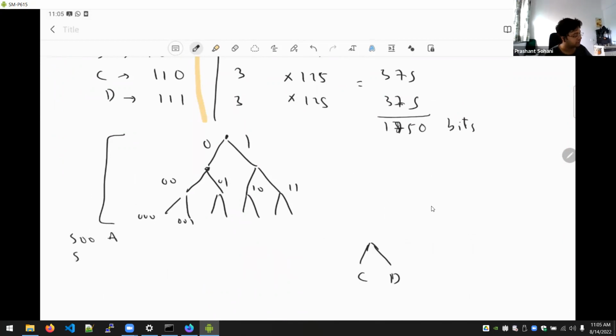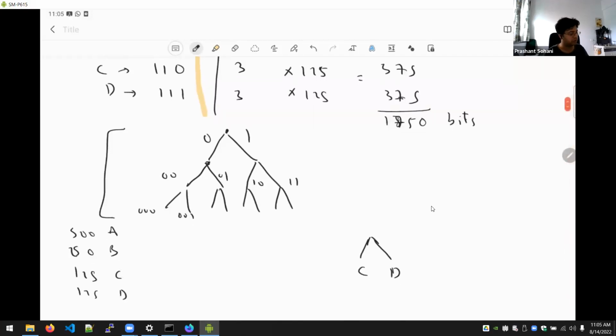So 500 A, 250 B. Okay, so I've already combined C and D together. You can imagine that this is a new symbol that I'm dealing with now. So instead of writing ABCD this way, I now write A is occurring 500 times, B is occurring 250 times, and this combined C plus D symbol is occurring 250 times. Okay, because we add them together.